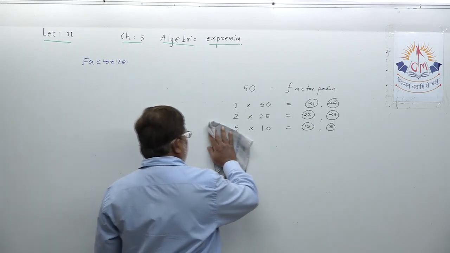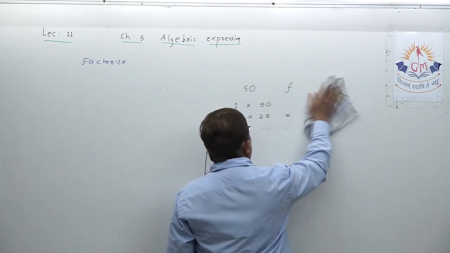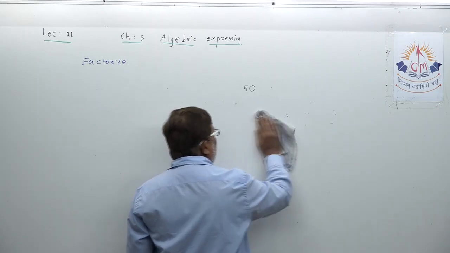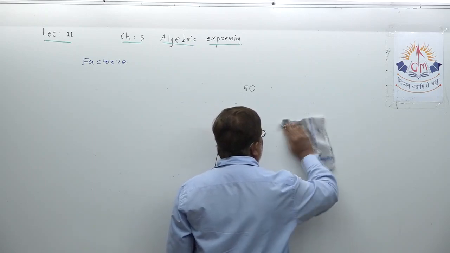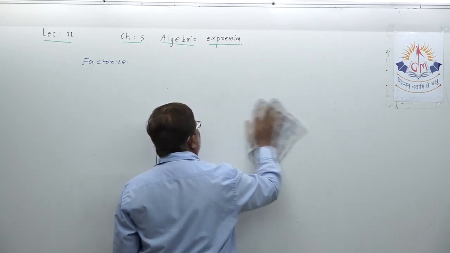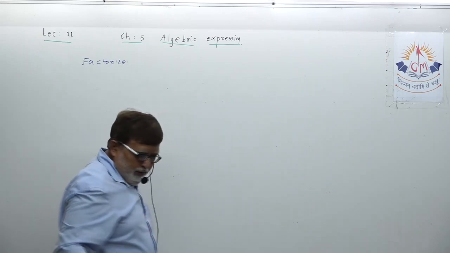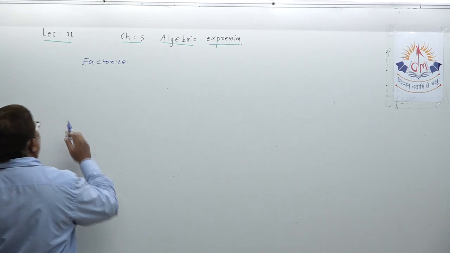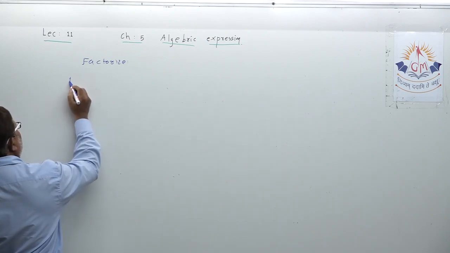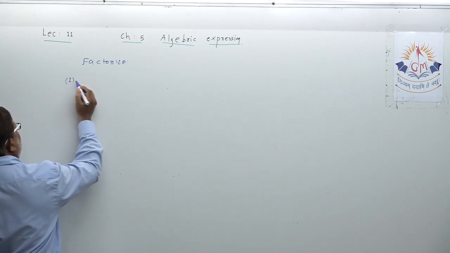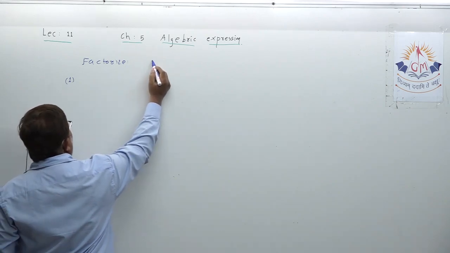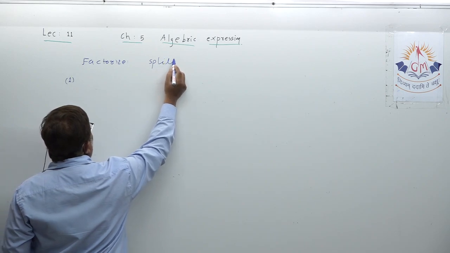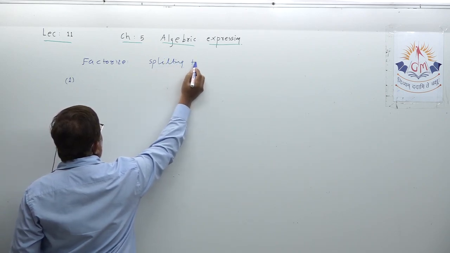Okay, now let us take one example of splitting term method. I am writing one example here. Which method we are doing now, I am calling it splitting term method.